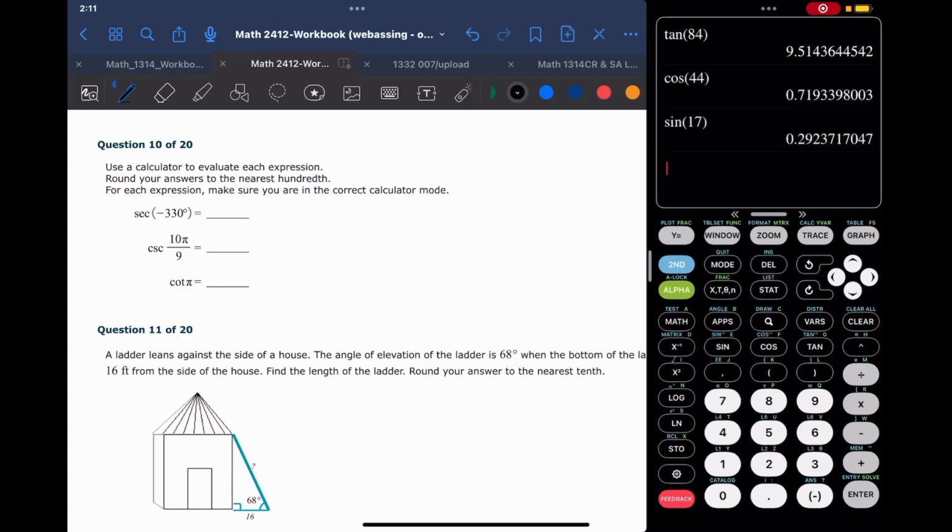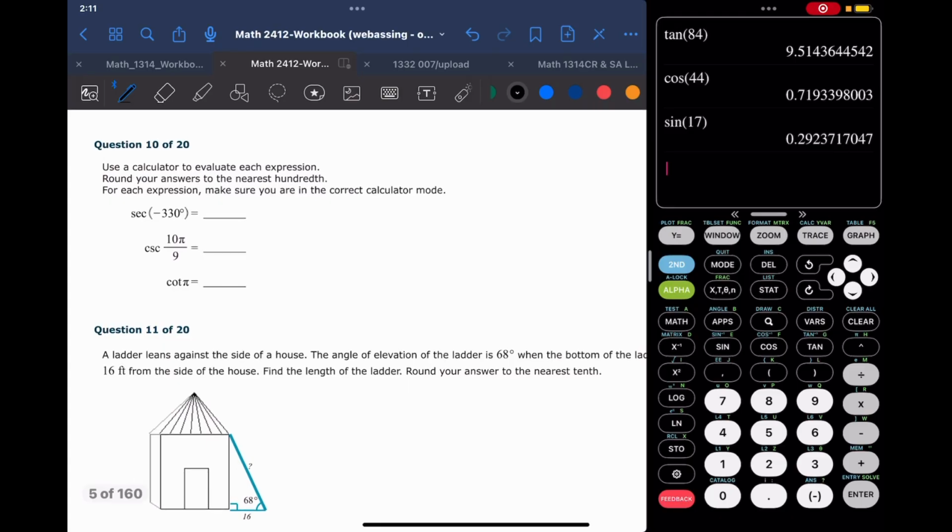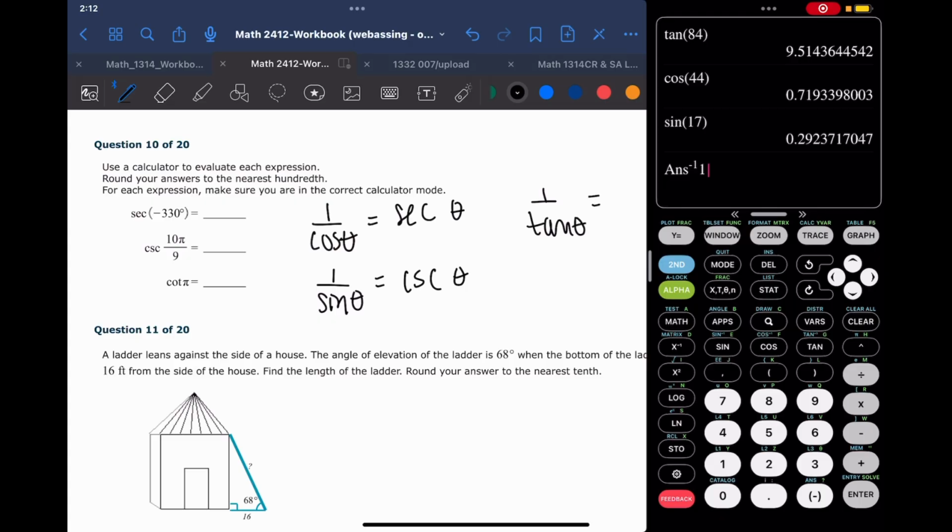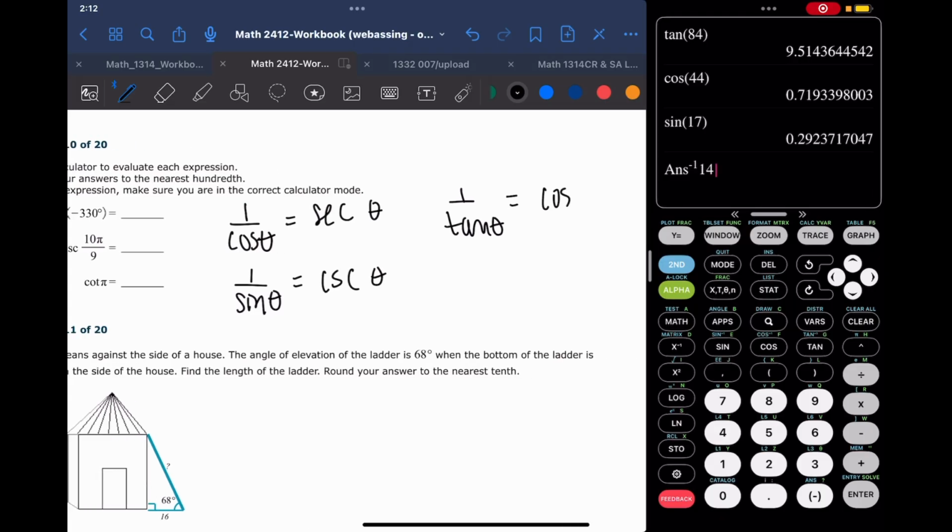For number 10, we want to recall that secant is 1 over cosine. So 1 over cosine theta is equivalent to secant, and 1 over sine theta is equivalent to cosecant, and 1 over tangent of theta is equivalent to cotangent theta.